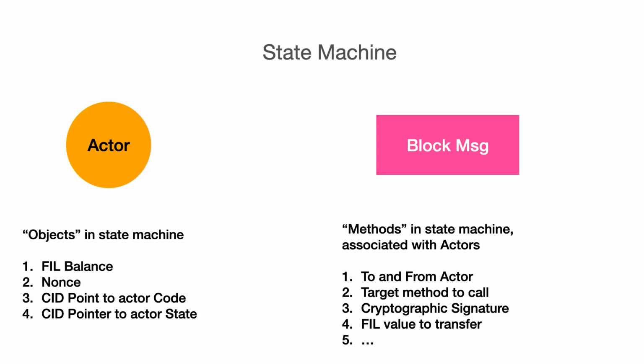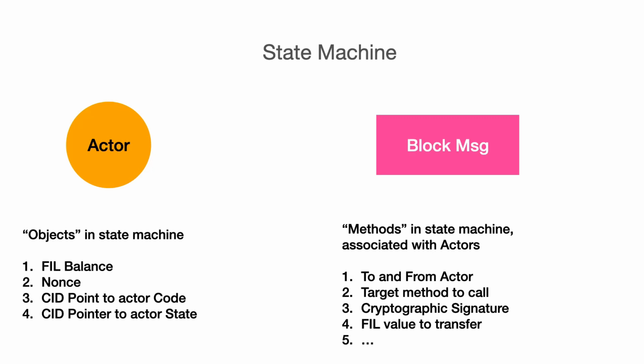There's a Filecoin balance, which is something we recognize from the payments example. There's also a nonce, which is a typical thing you do for replay attacks across all blockchains. And then there are these 2 things which really get to the heart of the actor being a program running on the Filecoin blockchain.